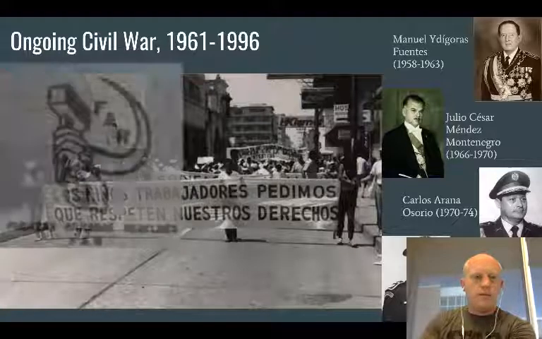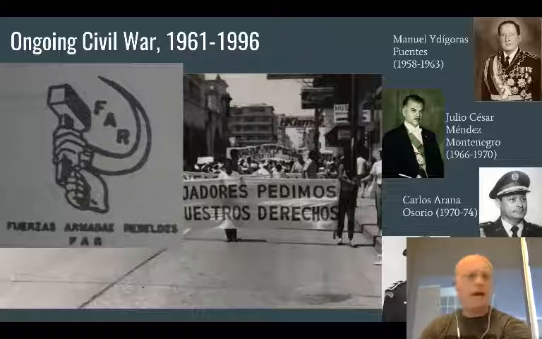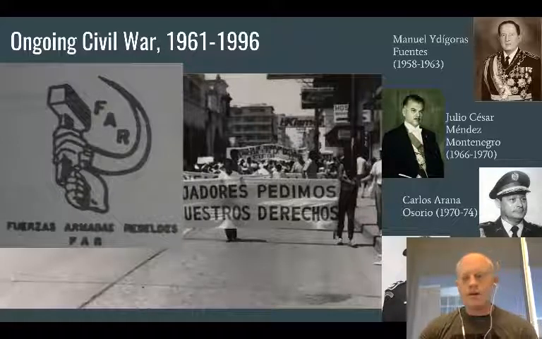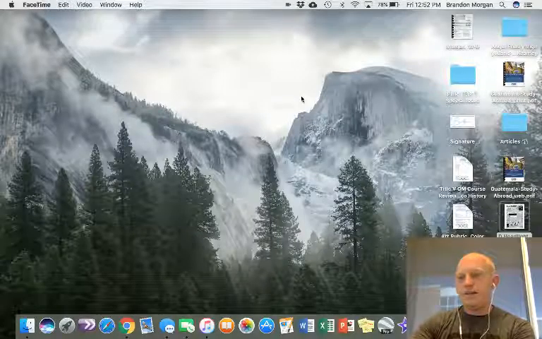To mention a few of those groups, though, the Fuerzas Armadas Rebeldes, or the FAR, was one of the groups that was avowedly Marxist, that took up arms in the countryside against the government in the 1960s, 1970s. That's in contrast to the Guatemalan Workers' Party, which was the kind of older official communist party that I alluded to during the Arevalo and Arbenz years. This was, again, more of an institutional type of party.